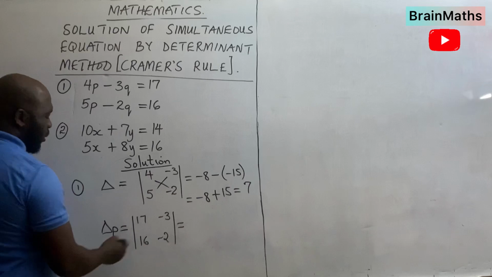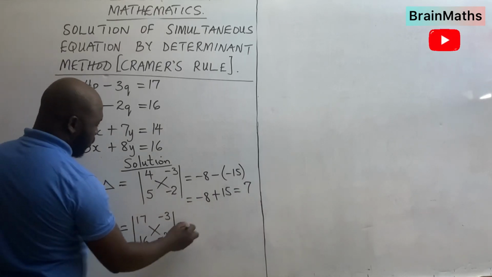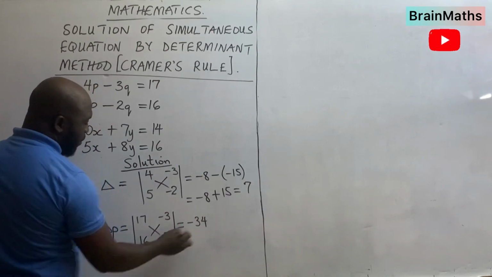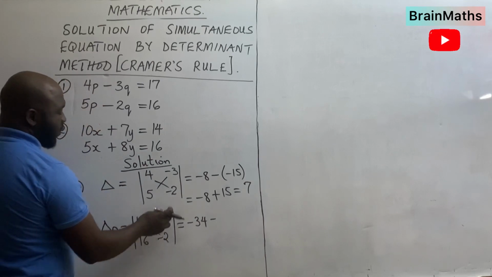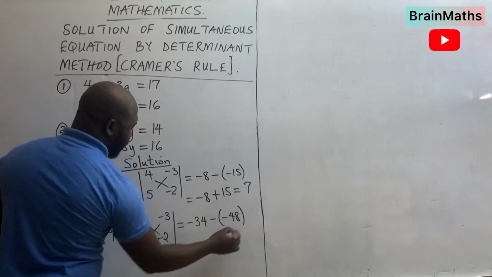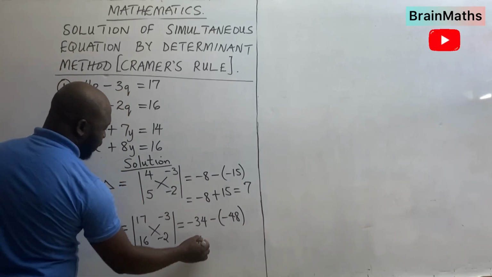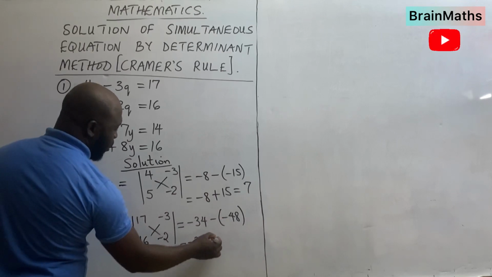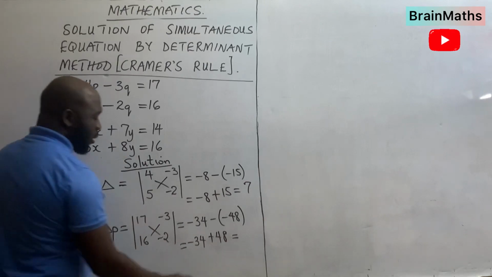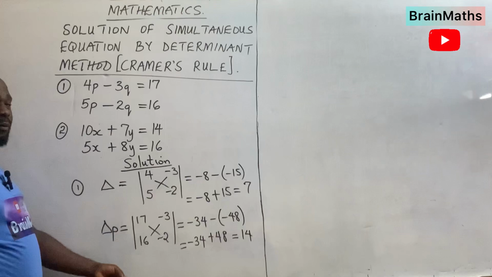If you find the determinant of this, we have 17 times minus 2, that is going to give us minus 34, minus 16 times minus 3, that is another minus 48. If you expand the bracket, you have minus 34, minus times minus, plus 48. And minus 34 plus 48 will give us plus 14. So we can just write our 14.